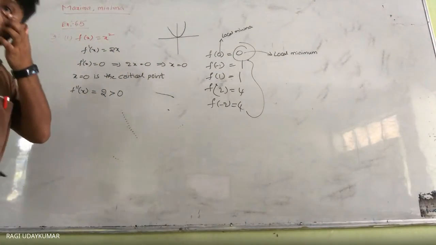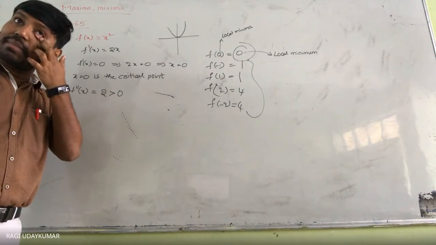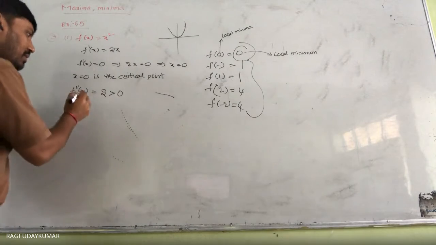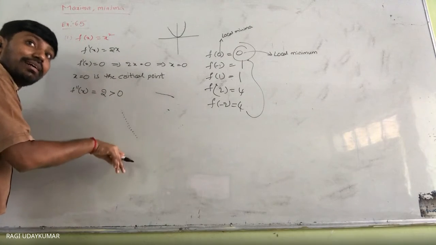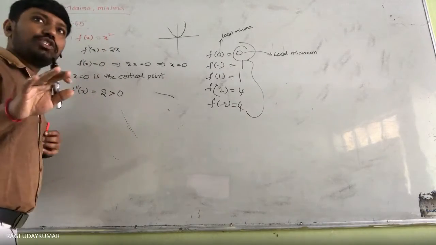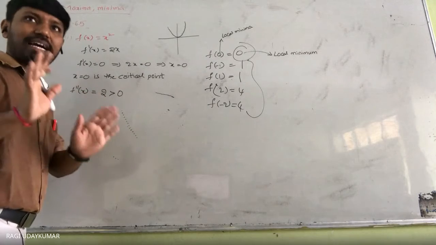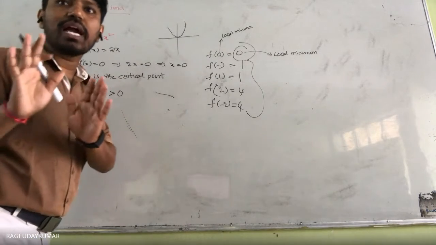By the second derivative test, you can say that x equal to 0 is the point of local, sorry, minima. Greater than 0 means minima, less than 0 means maximum. It is the reverse, so we have the local minima.